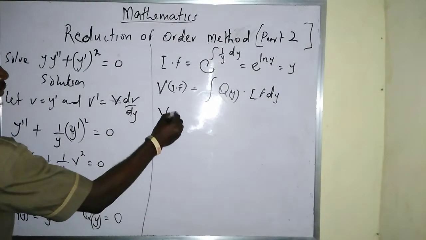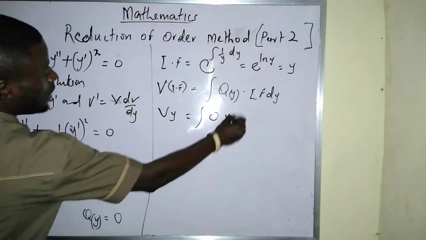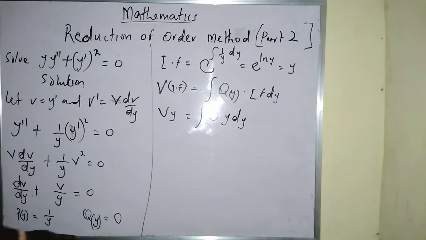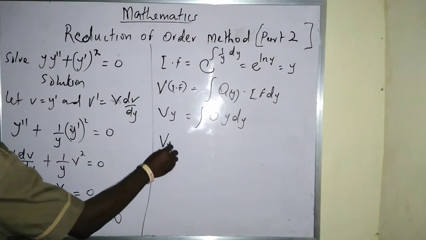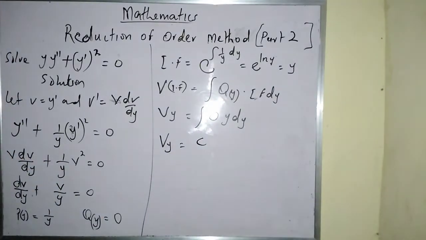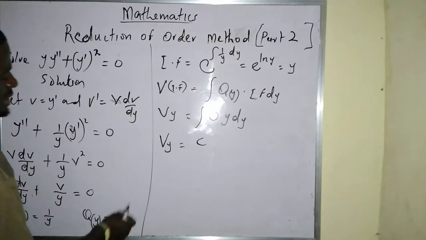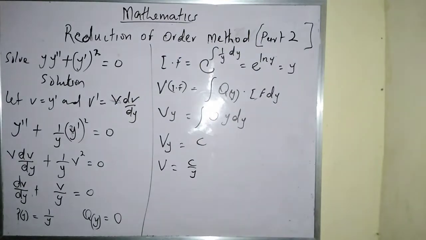Now, since I have this, I can move on. What is my integrating factor? I have v of y equals the integral of 0 times y dy, because my q of y is 0. Now, if I integrate this, I will have v of y equals c, because it will surely give me one constant. It means my v will be equal to c over y, so my c equals v over y.